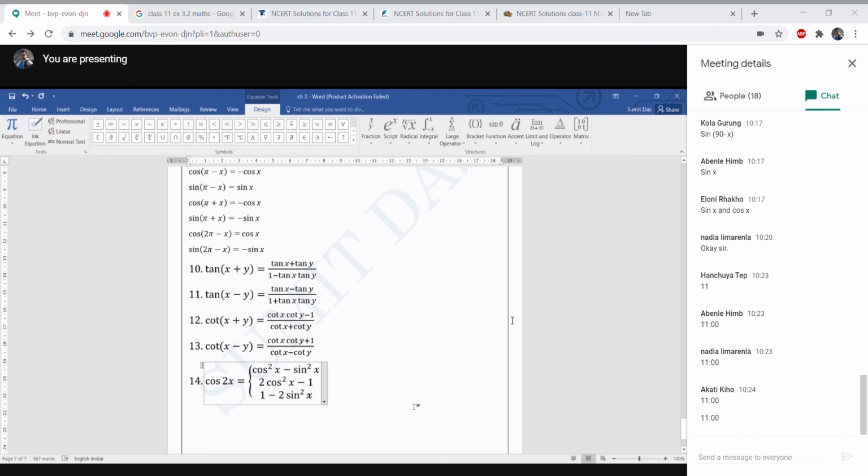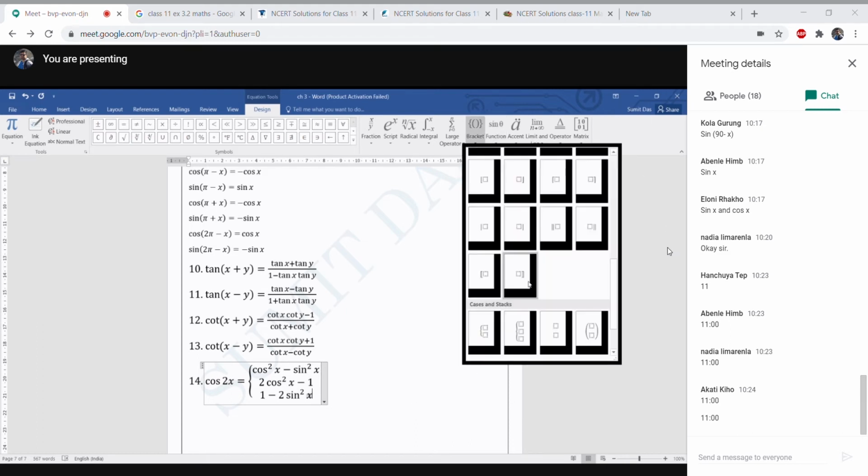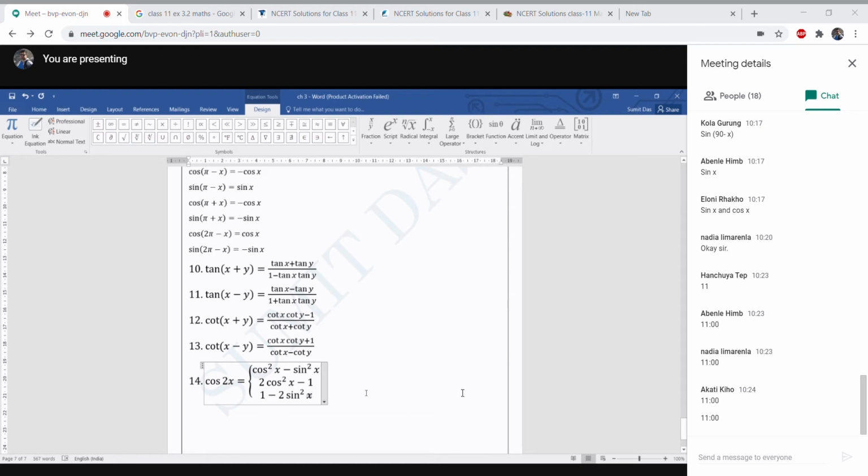Okay, there is another formula. Yeah, another formula is 1 minus tan square x divided by 1 plus tan square x. This formula is a little rarely used.